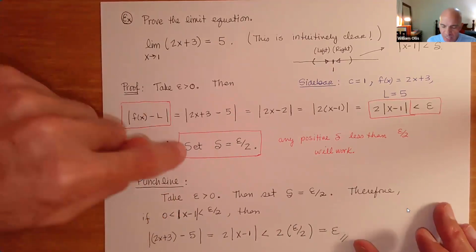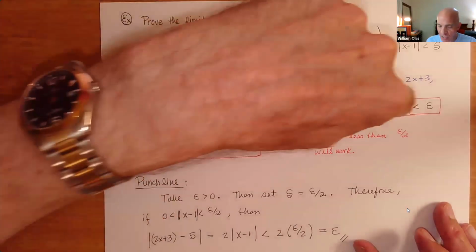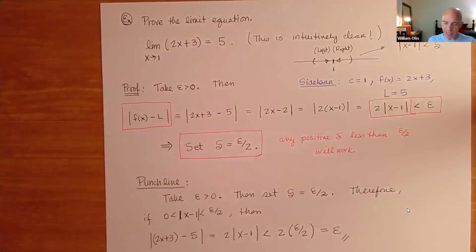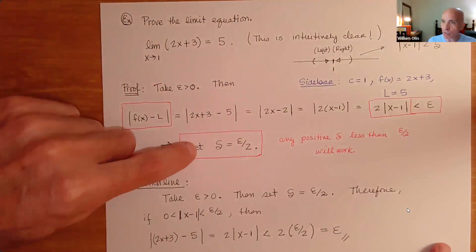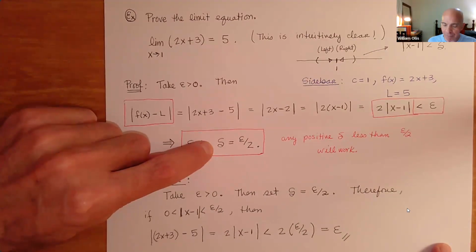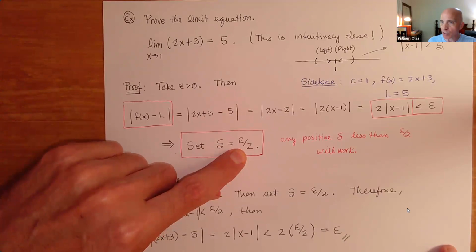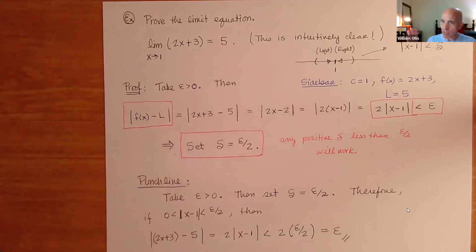But to get to this, you have to do the estimates here. And so this is just a way of, just like I say, writing the punchline and putting it down in a very clear format. But be aware that once you have the delta, you are good. And any value here that is less than epsilon over 2 will also work. So you can refine it as long as you're moving to values that are less.